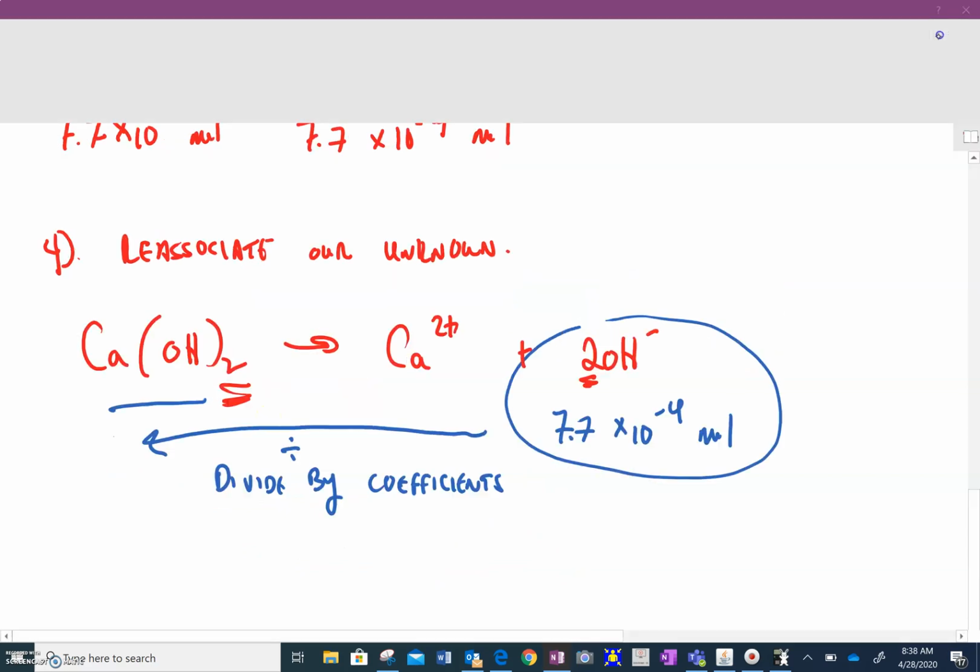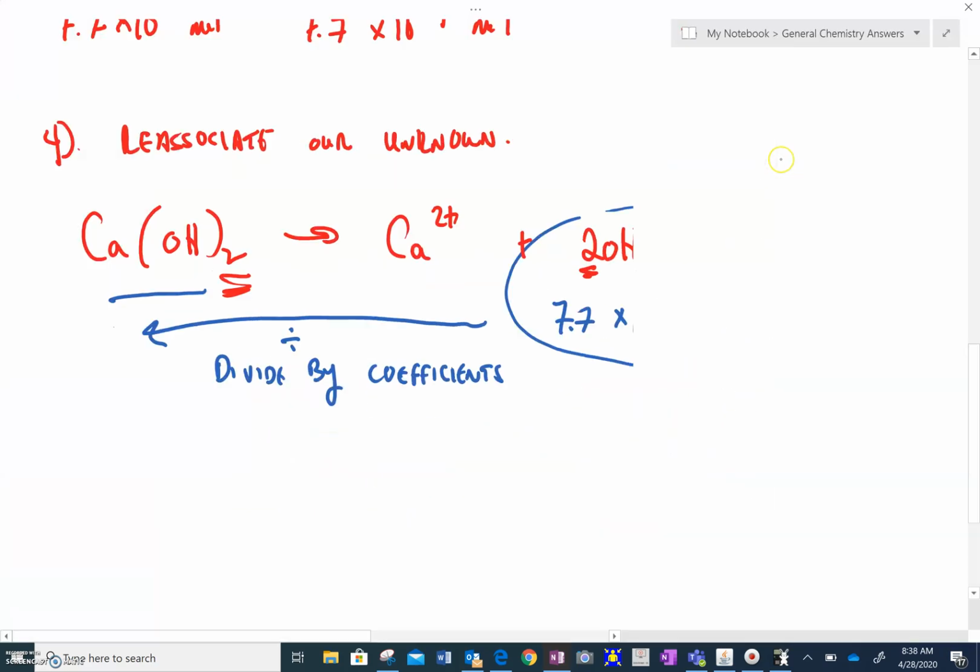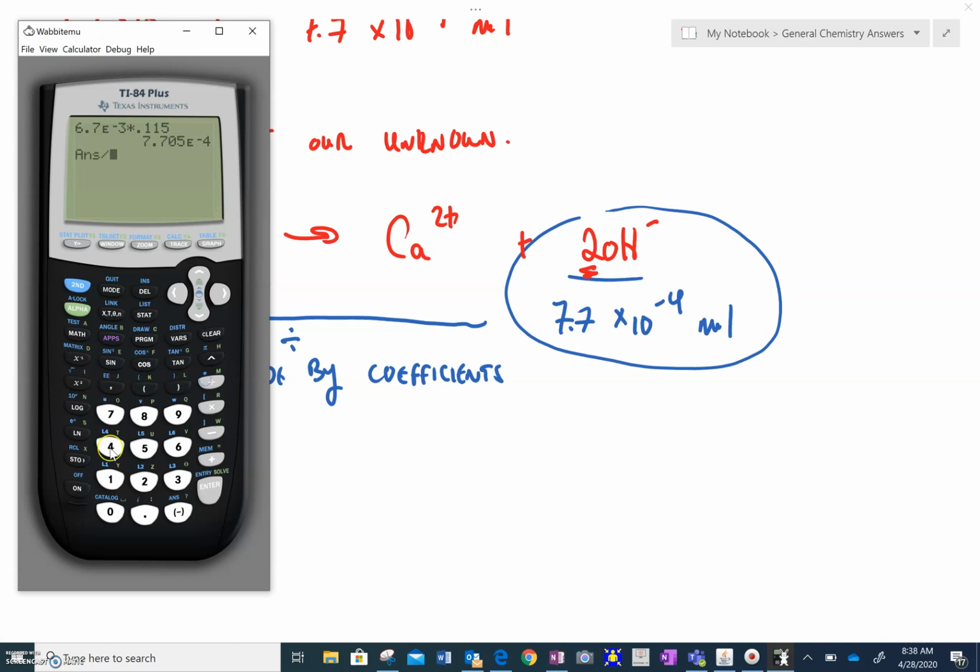And let's go back to blue. We have 7.7 times 10 to the negative 4 moles of hydroxide. We're going towards the reactants, so we're going to divide by coefficients. Let's bust out our calculator, and we're going to say, oops, I hit the clear button.